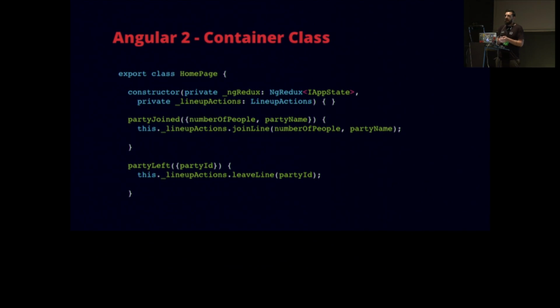Whenever an event is emitted upwards, we dispatch an action that will modify the state of the application. This allows us to keep our container classes fairly light and thin, and push most of our logic out into services, reducers, and our action creators. Those will become easier to test also.